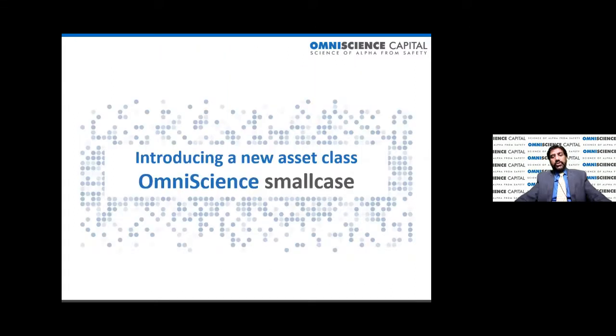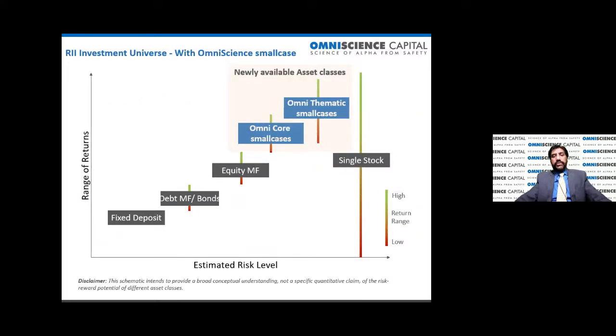So now we are happy to introduce a new asset class under OmniScience Small Case. And this is how the RIA investment universe will look from now on. So now you have newly available asset classes. You have the OmniCore small cases, which will provide a similar risk return profile as a typical long only PMS or long only AIF, which was available only to HNIs.